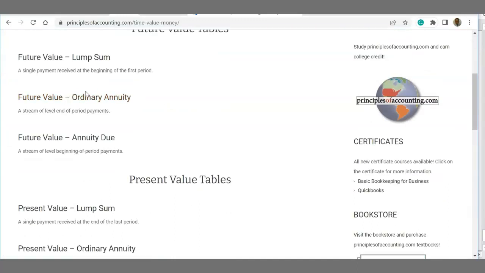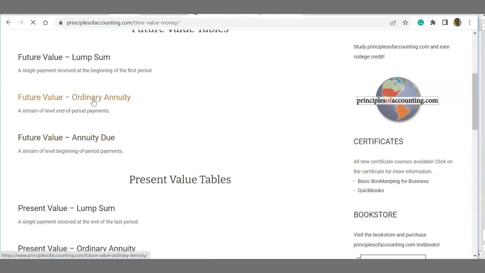And then you just multiply once. So you go to future value, ordinary annuity. Why ordinary annuity? Because the $1 is paid at the end of each year. But if the payment is paid at the beginning of each period, then you use annuity due.